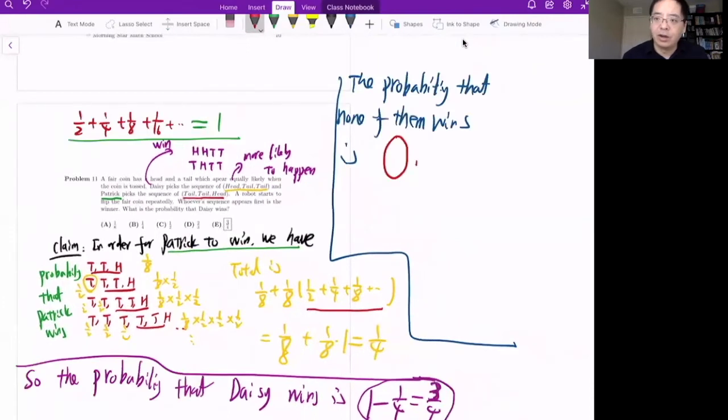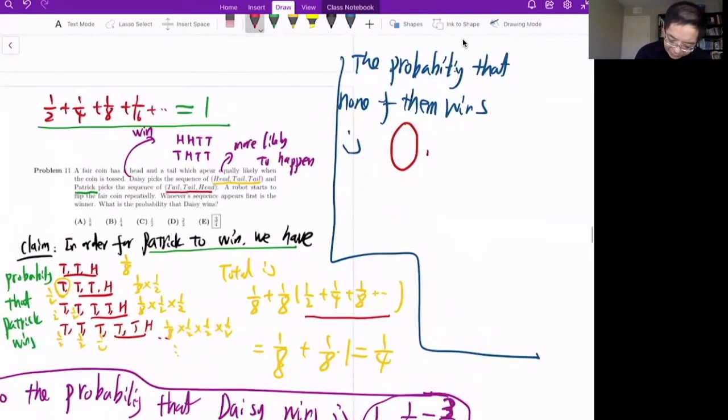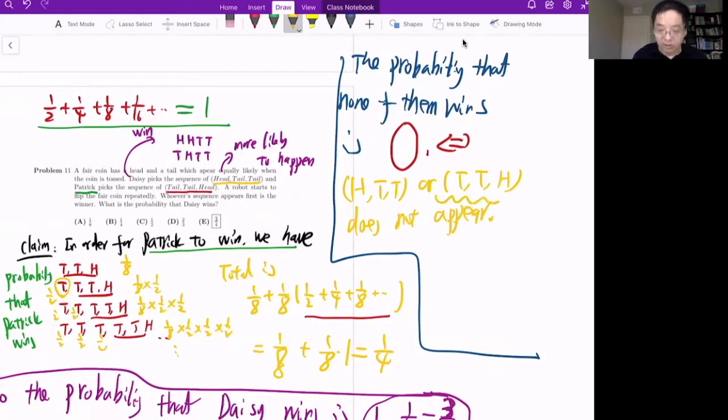Let's see, what is the scenario that none of them wins? That could happen if and only if for these two patterns, either head, tail or tail, head does not appear. Let's just focus on one. It's enough to demonstrate the probability is 0.